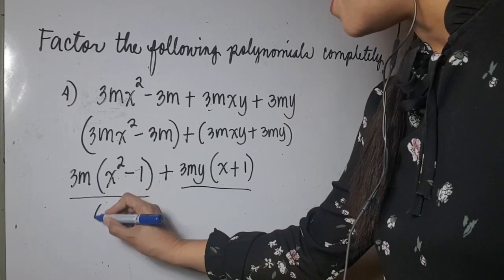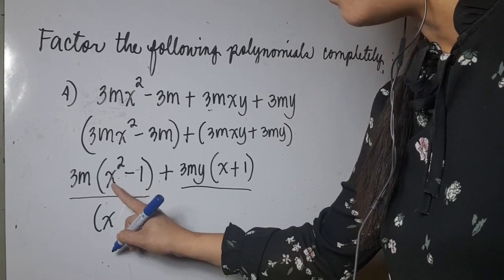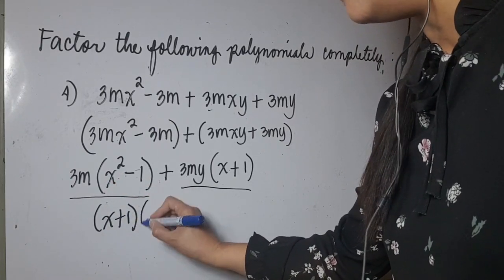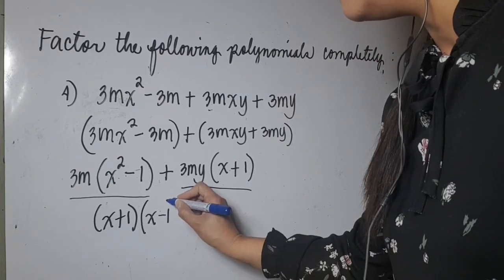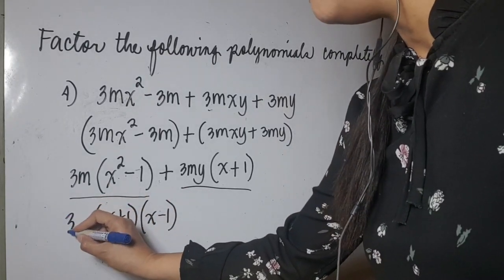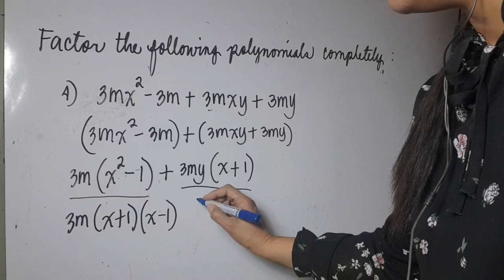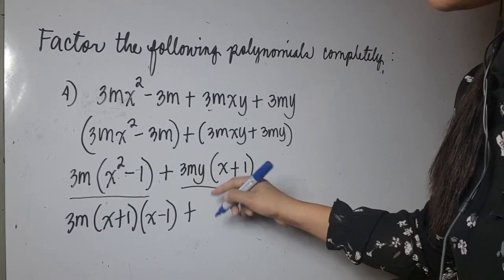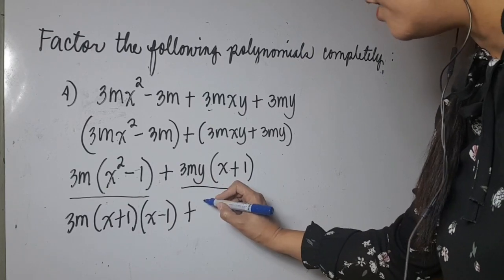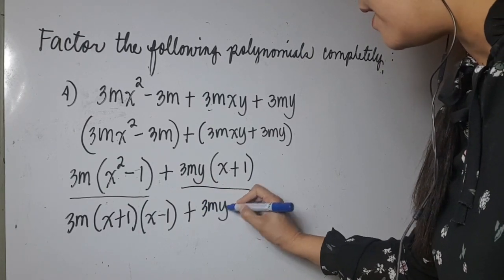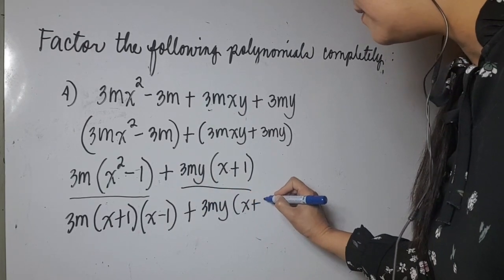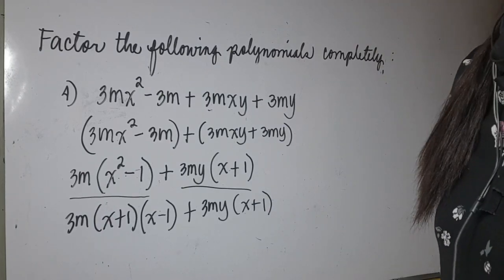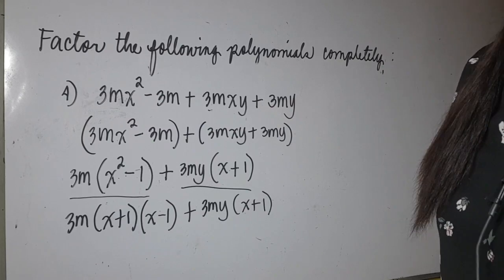So, ang factors niya ay x, the square root of x squared, plus 1, the square root of 1. X minus 1. We have here 3m. Plus, okay, wala nang pwedeng i-factor dito, so ibaba mo lang siya. We have 3my x plus 1. Okay, so ano ba yung nakikita natin na common factor nila?